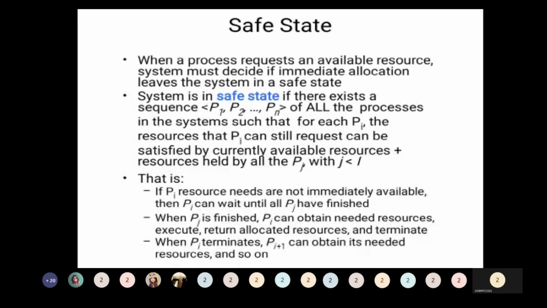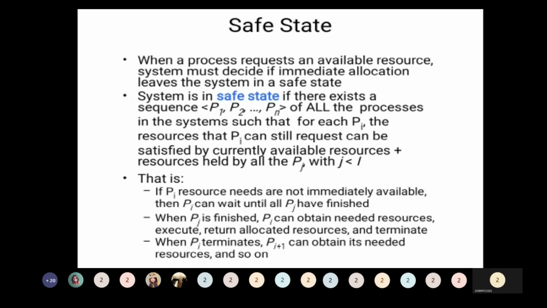Suppose there is a new request and the system will decide whether this request can be allocated or not. If it is allocated, then the system will be in a safe state or it will go to the danger state of deadlock. That will be decided first. So we must know what a safe state is.